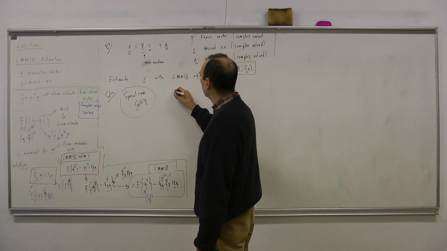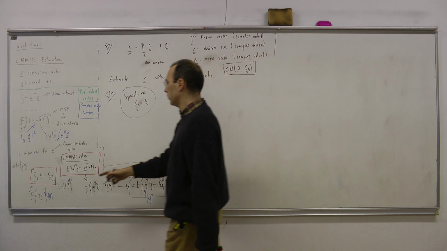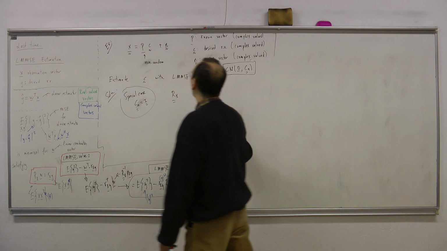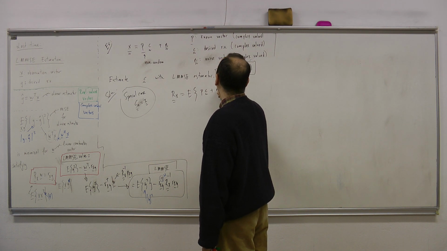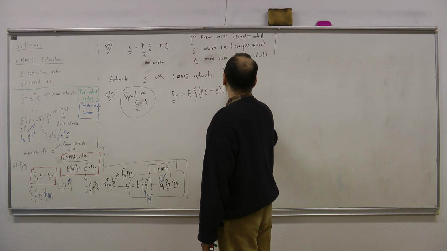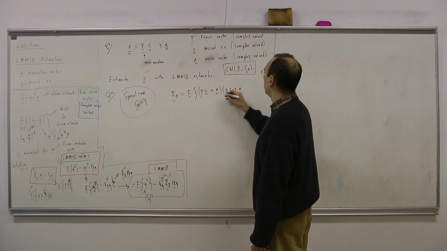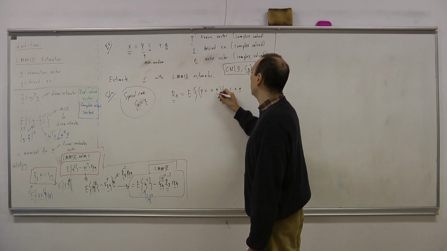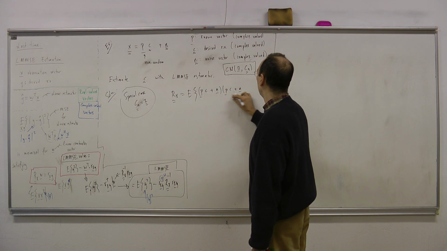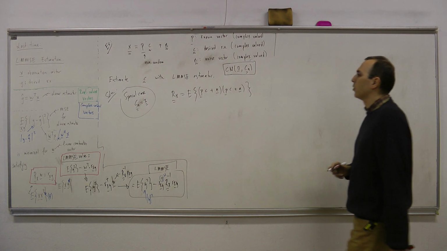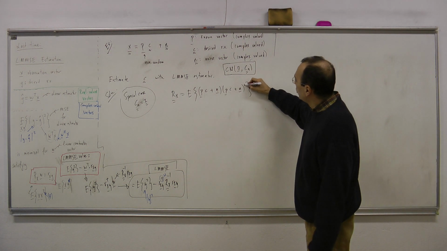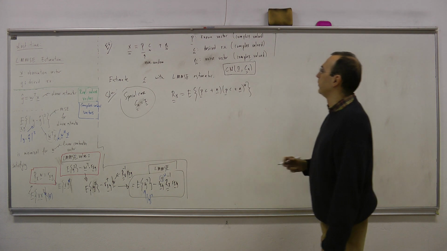So what do I need to find? I need to find this Rx to use this. What is Rx? It is the expected value of (P times C plus N) times its Hermitian. This is a vector. I think for random quantities, maybe I don't need to mention them all the time. We know what is random over here. But this time there is a Hermitian, as you see.